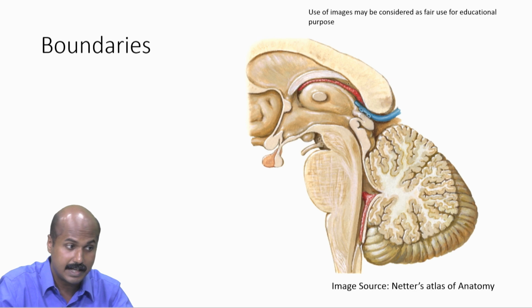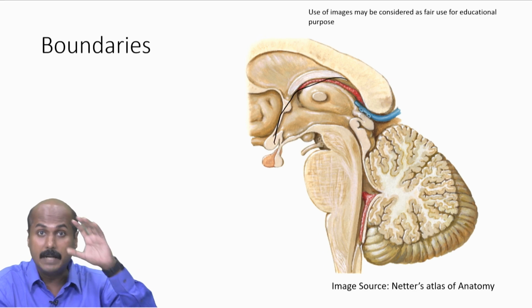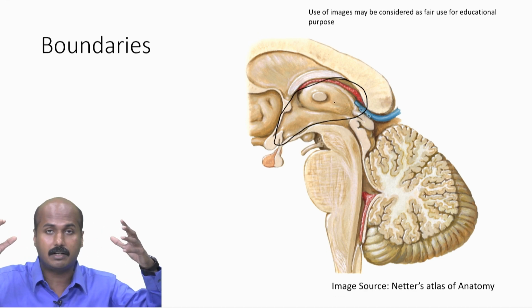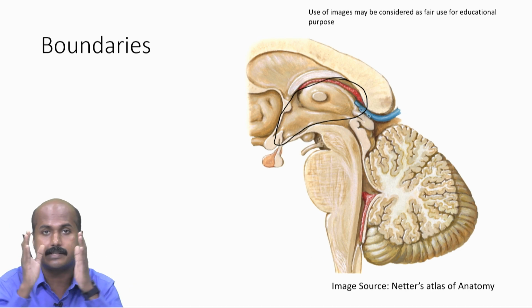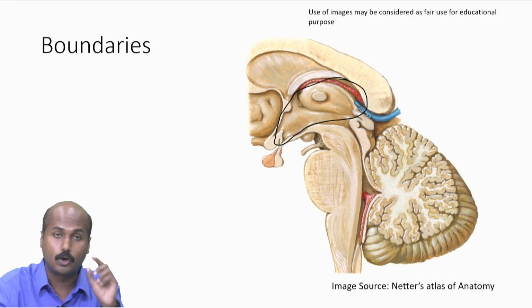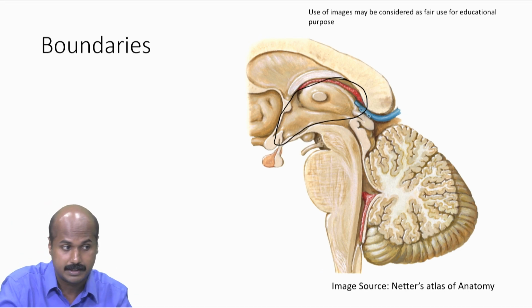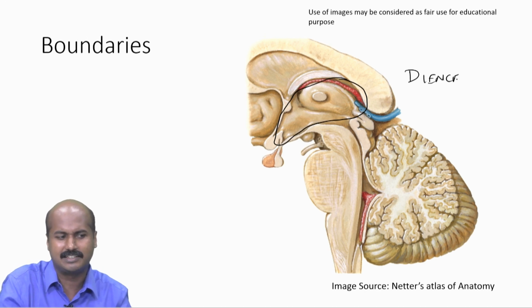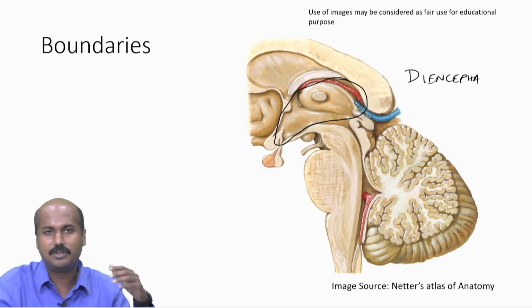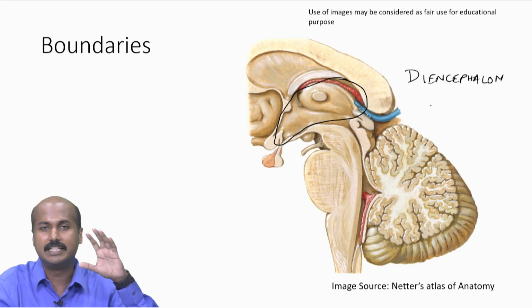Okay. Third ventricle, as I said in the previous video, is a midline cavity. Unlike the lateral ventricles, which are paired cavities, this is a single midline cavity and it is located within the diencephalon. It is the cavity of the diencephalon. And one way to remember the structures of the diencephalon is that they are the structures with the name thalamus.